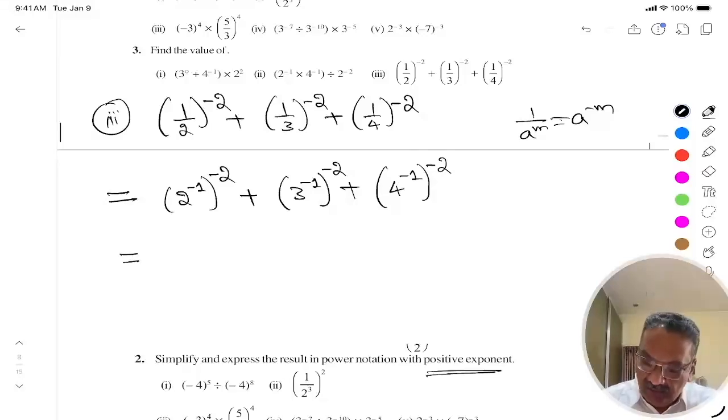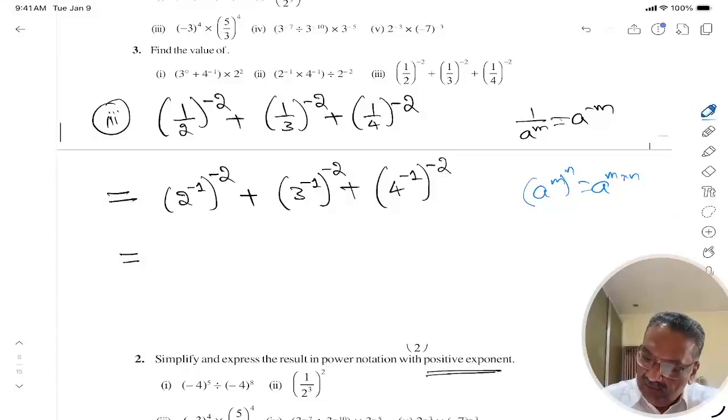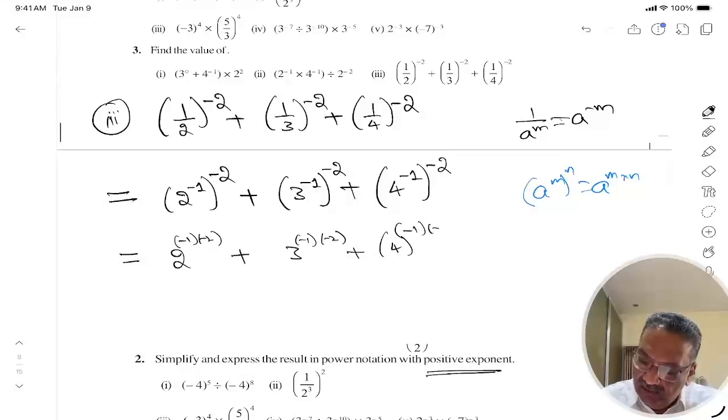We also have a to the power of m to the power of n is equal to a to the power of m into n. So this becomes 2 to the power of minus 1 into minus 2 plus 3 to the power of minus 1 into minus 2 plus 4 to the power of minus 1 into minus 2.